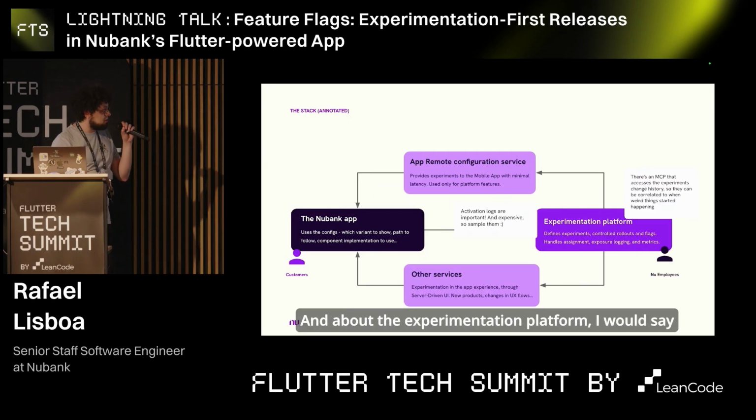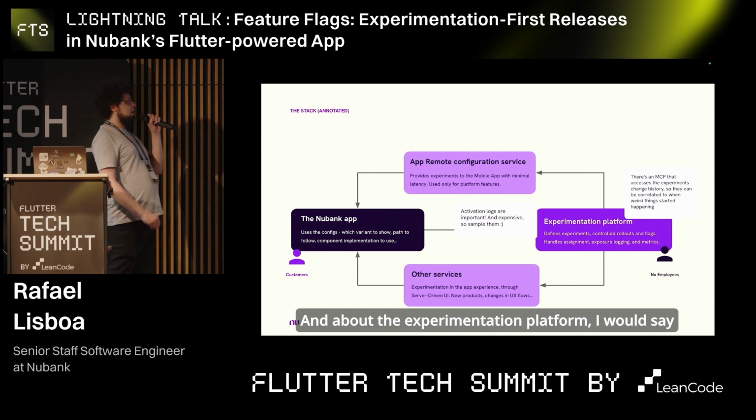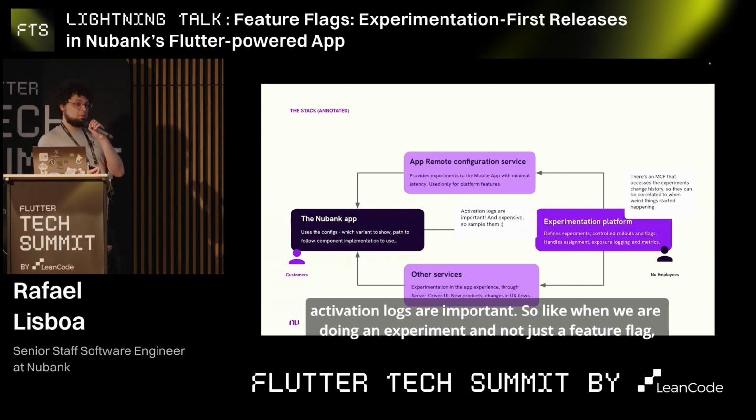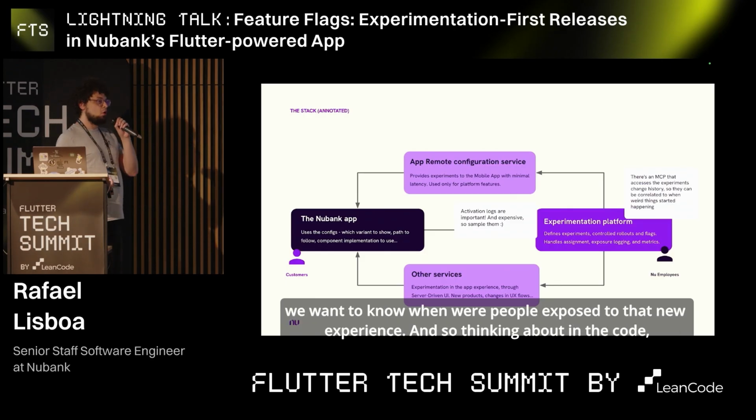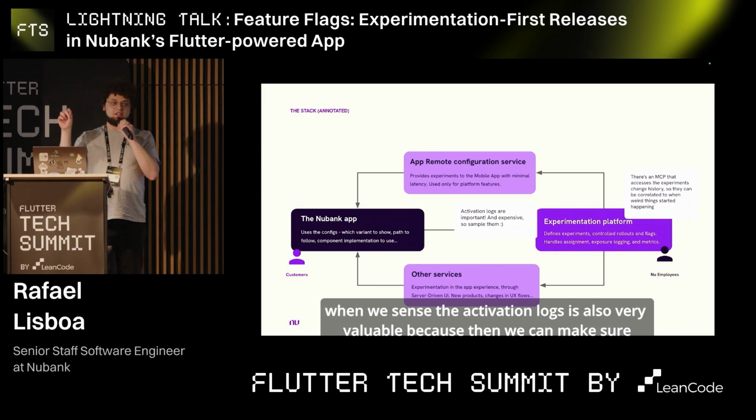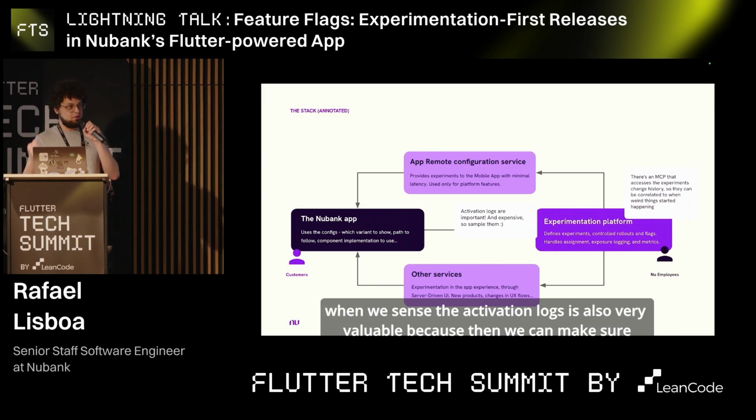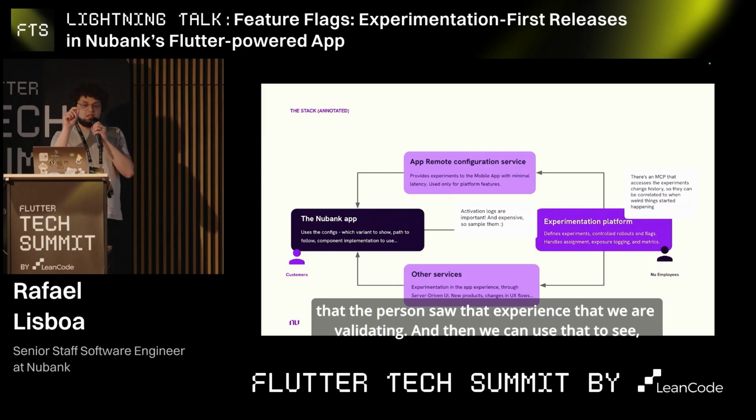And about the experimentation platform, I would say activation logs are important. When we are doing an experiment and not just a feature flag, we want to know when people were exposed to that new experience. Thinking about in the code, when we send the activation logs is also very valuable because then we can make sure that the person saw that experience that we are validating.